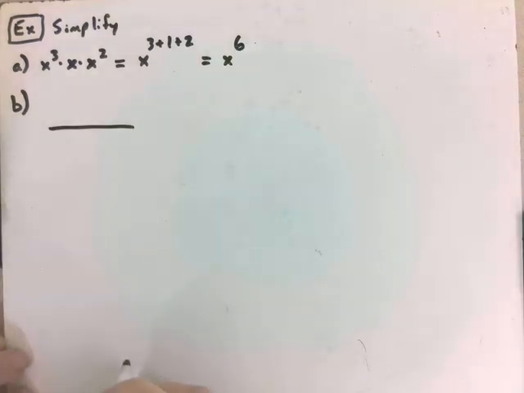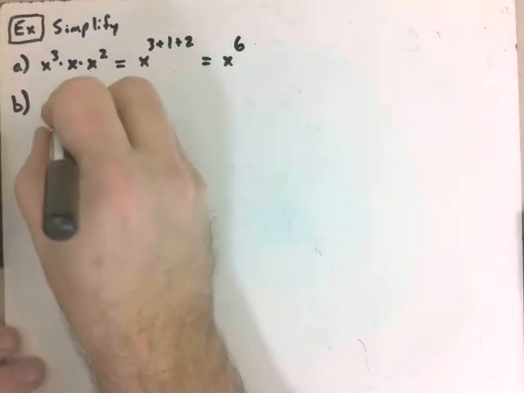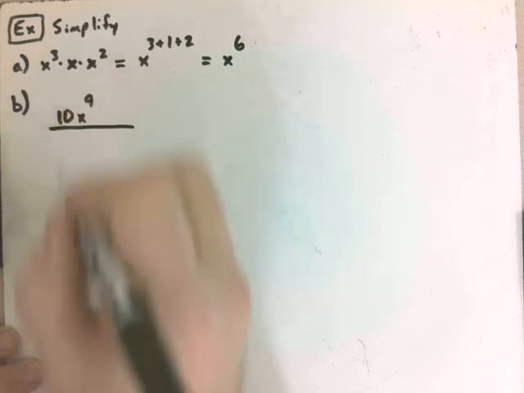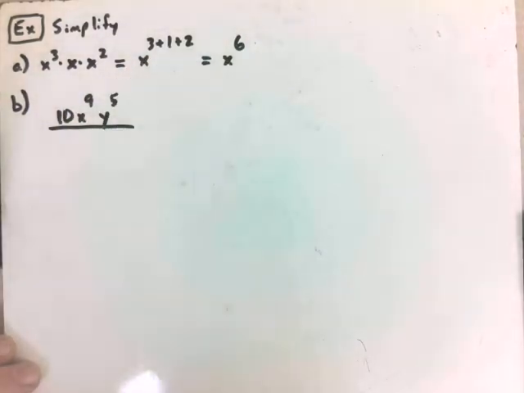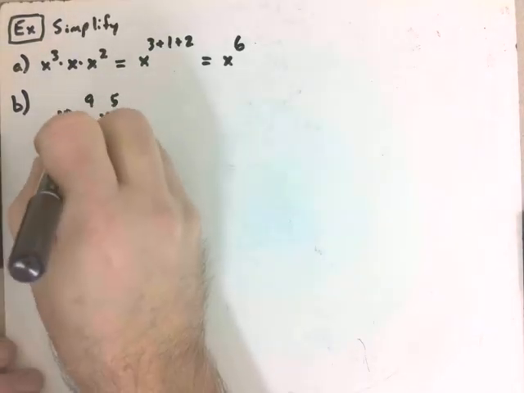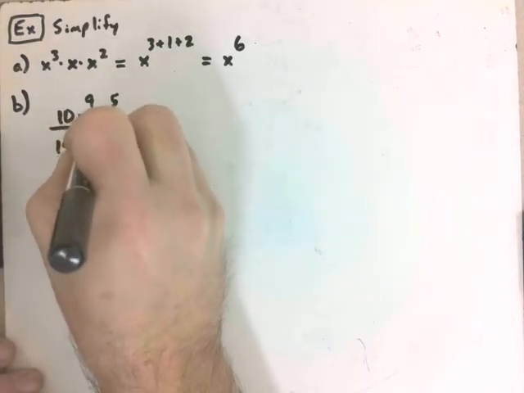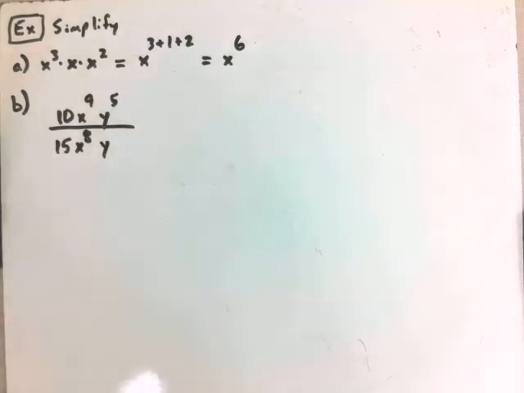For letter B, we're going to take a look at a fraction. And for this problem, we will use one of our other rules, which is our quotient rule.